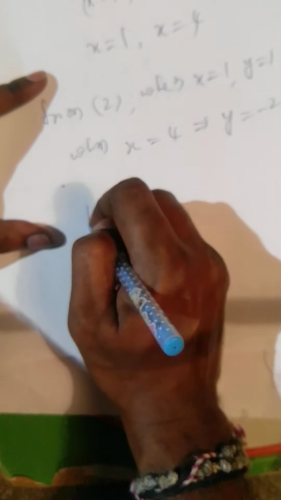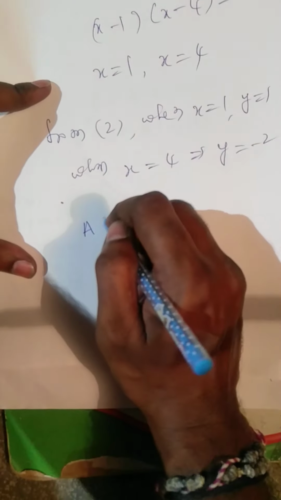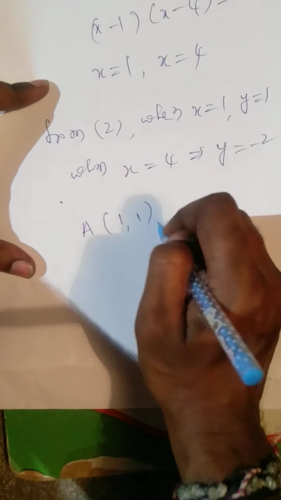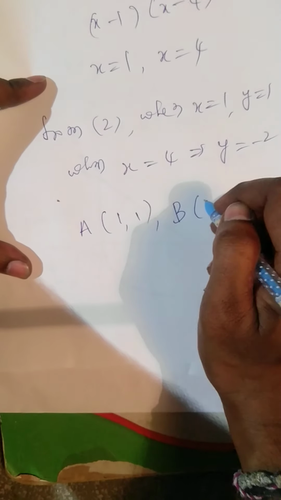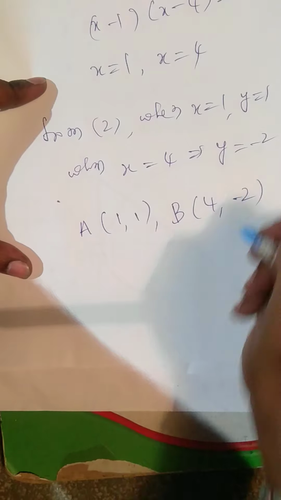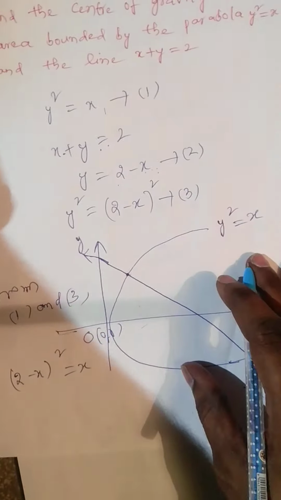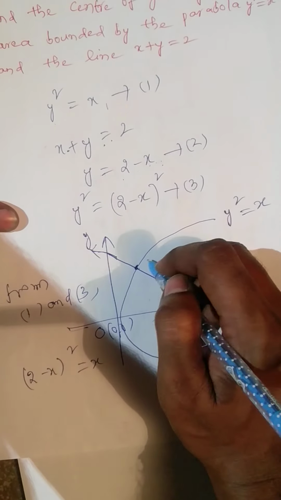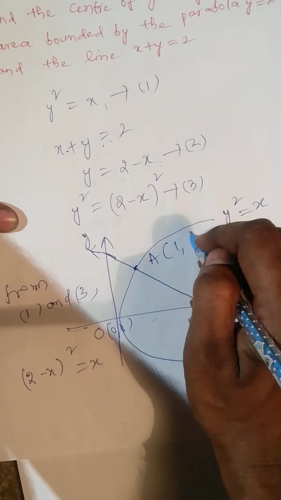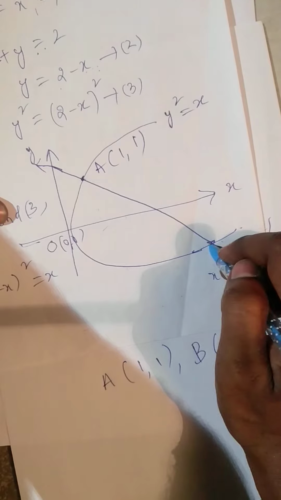So what are the points of intersection here? When x is 1, y is 1, so I got A of 1 comma 1, and when x is 4, y is minus 2, so B is 4 comma minus 2. These are the points of intersection of the parabola and straight line.